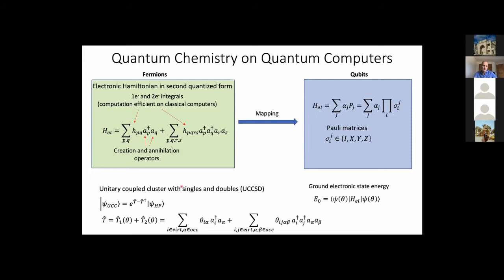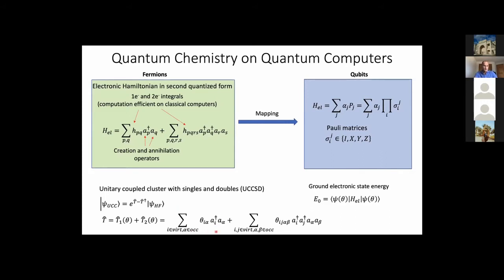The method we use for simulations is the unitary coupled cluster, which applies a unitary operator to construct the trial wave function. It is a modification of the coupled cluster method, common in quantum chemistry, that runs on classical computers.